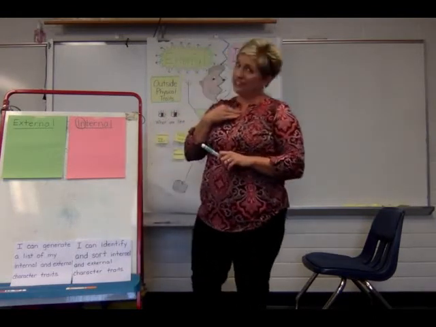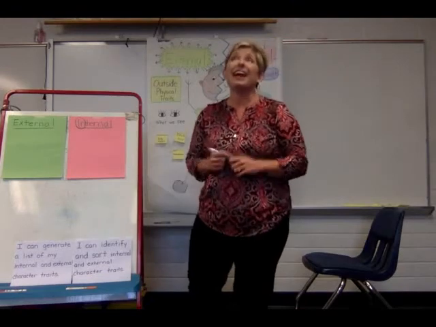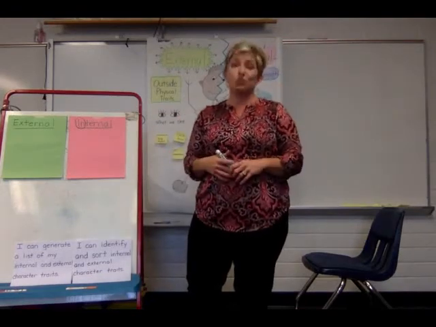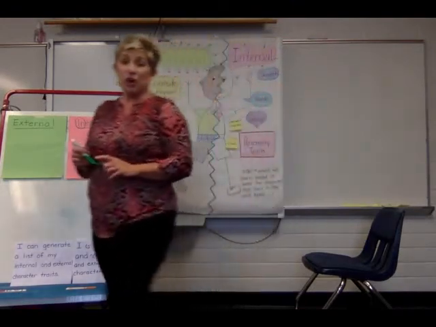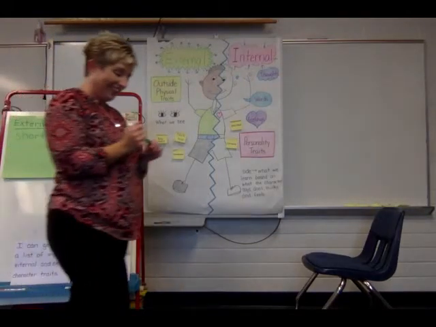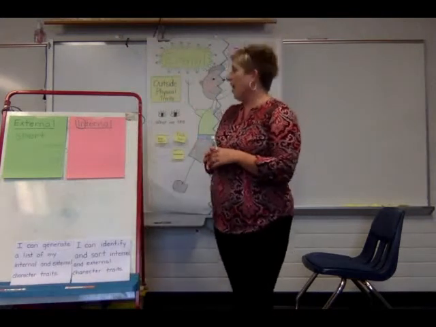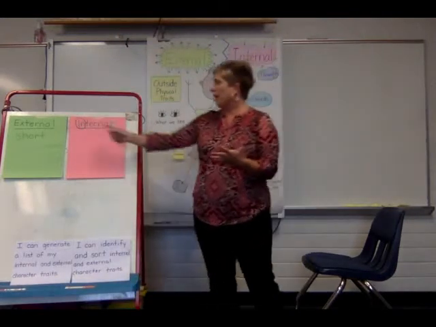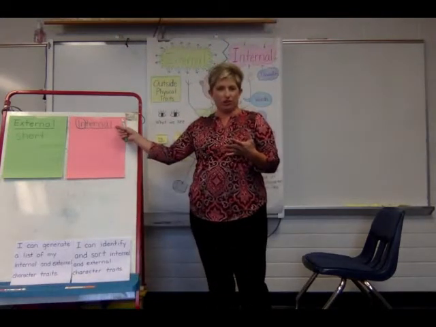One of my external character traits is that I am very short. Okay, so on my external list, I'm going to write short. Can you see that I'm short on the outside? Yes, you can.